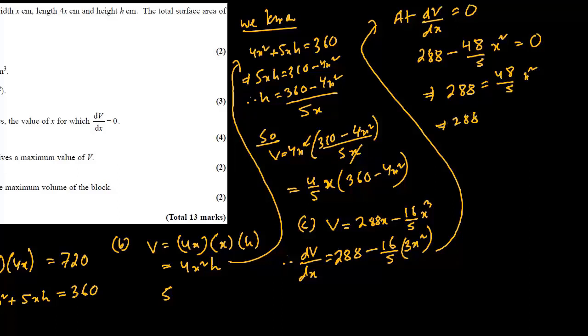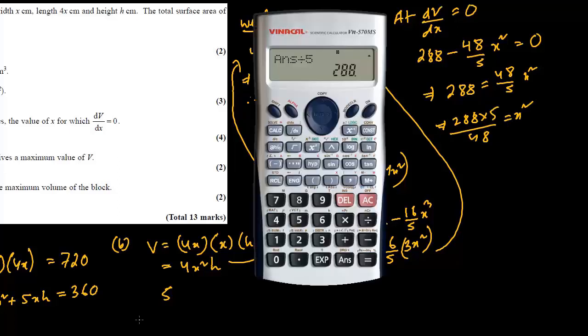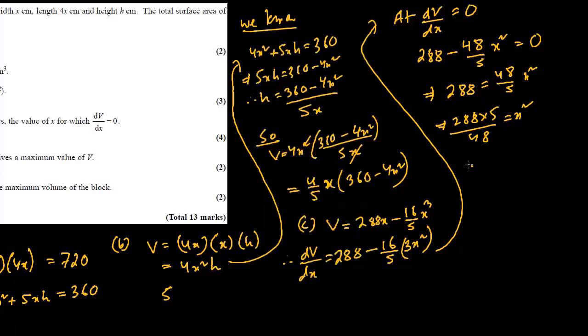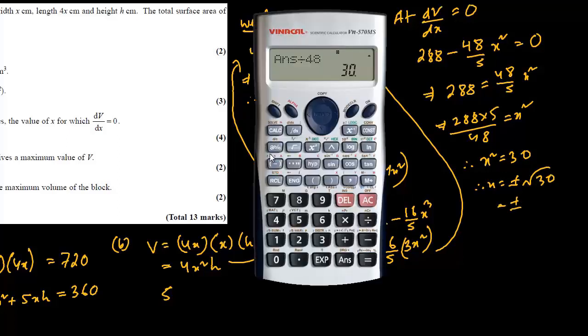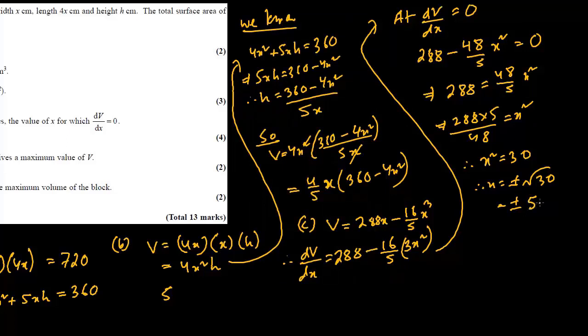That means 288 into 5 divided by 48 equals x squared. 288 into 5 divided by 48 is 30. So therefore, x squared equals 30. x equals plus minus square root of 30, which is plus minus, to three significant figures, 5.48. Now they ask for the value of x.